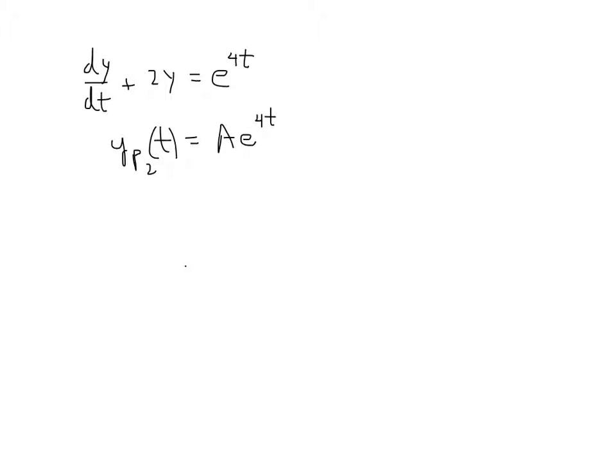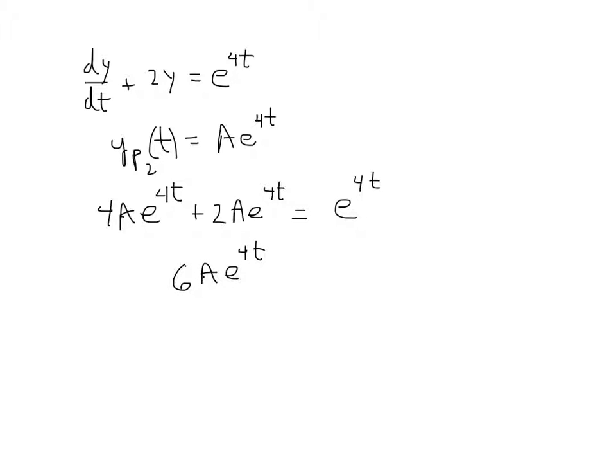And when I plug that in, I get a 4a e to the 4t, a 2a e to the 4t, and that's supposed to equal the right-hand side of just e to the 4t. Well, I realize that I have 6a e to the 4t's here, and just a 1 e to the 4t here, so 6a must be a 1, a is a 6th.